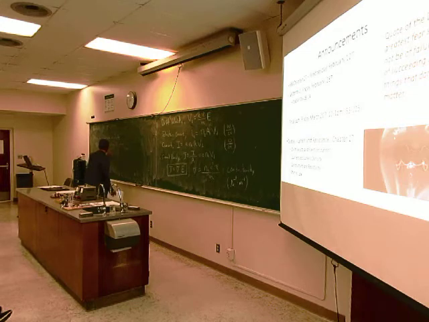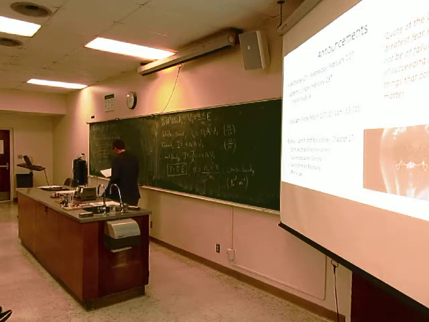So the current in the wire. Let's try to relate the current here to the resistivity. The current is just going to be the current density multiplied by the area.